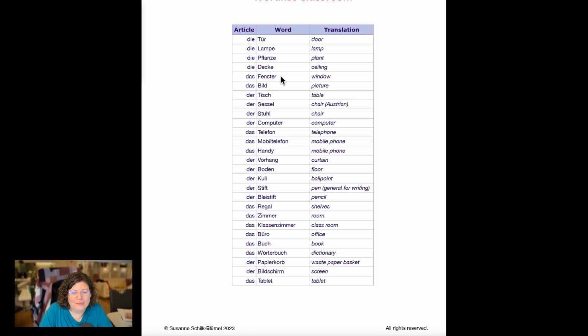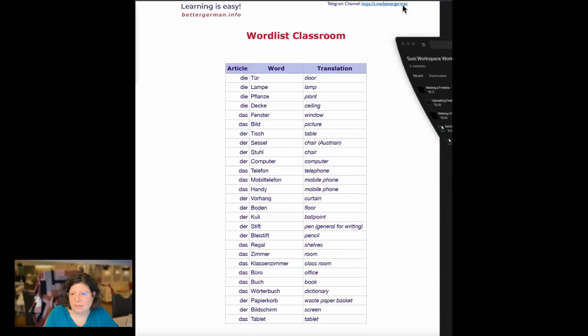Dictionary. Der Papierkorb. Wastepaper basket. Der Bildschirm. Screen. Das Tablet. Tablet.